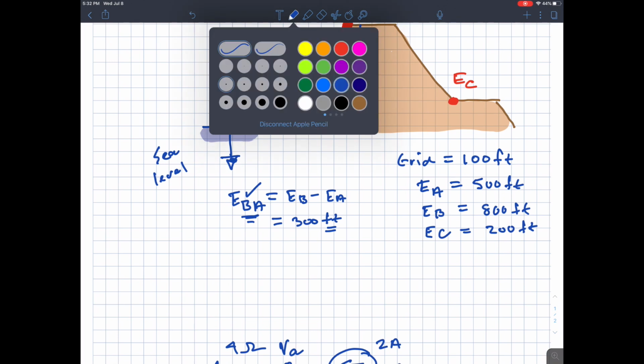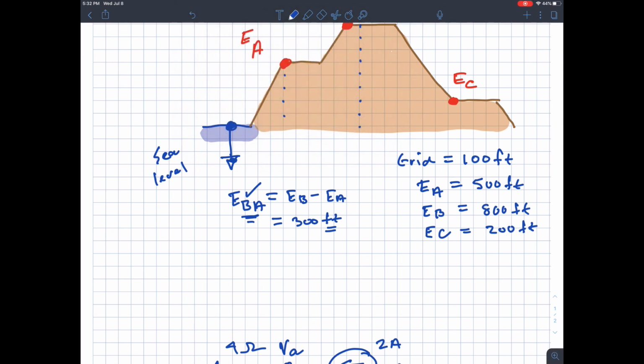We could take a look at a different combination. Let's take a look at ECA. Because the C is first, we would put EC minus EA. EC is 200 feet.